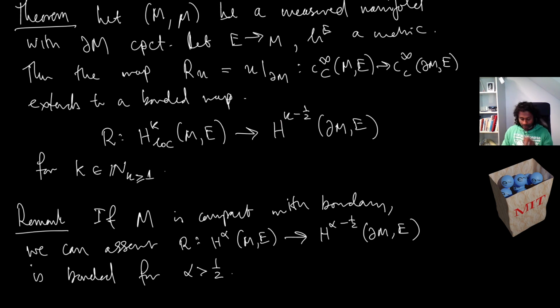It extends to a bounded map. So that's why I set it on these spaces first, because these spaces are somehow the essential spaces, and then we can extend it to a bounded map of this sort.